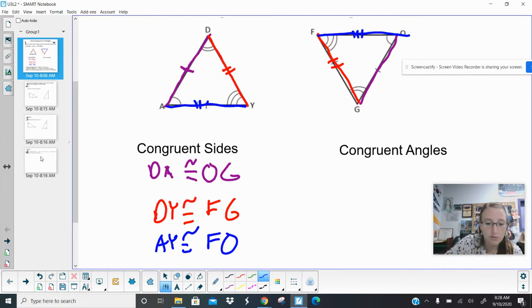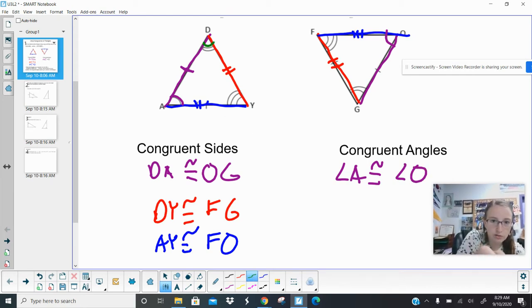So we have the same thing with the angles as well. This angle A is congruent to the angle in this triangle that also only has one little rainbow. Which angle over here only has one little rainbow? Angle O. And then we can keep going from here.